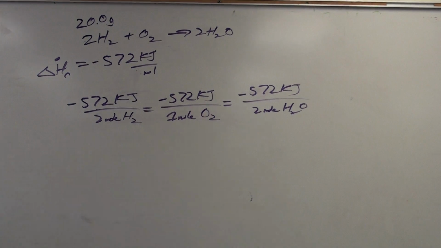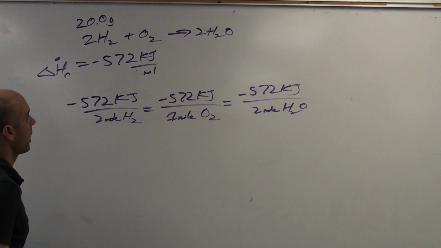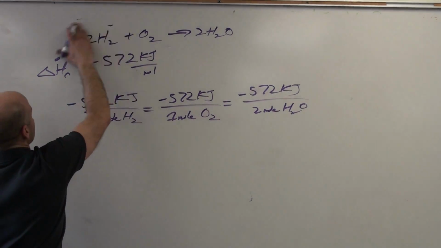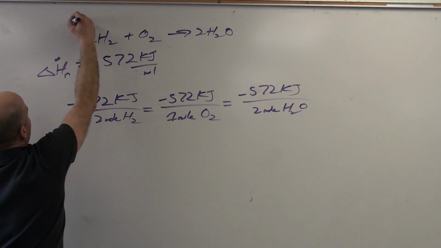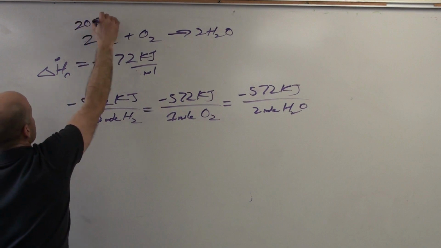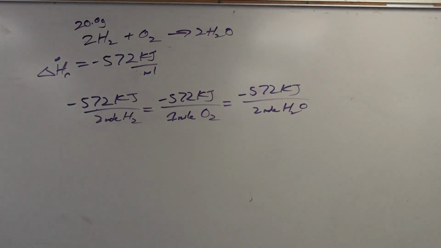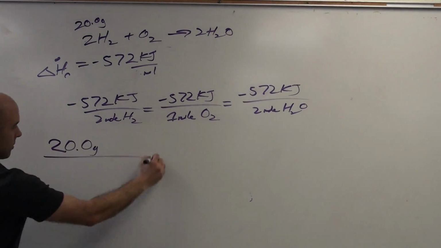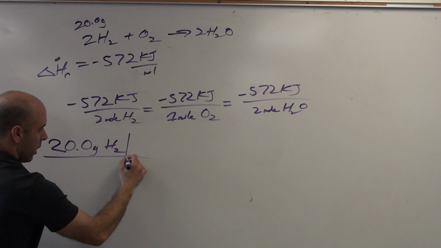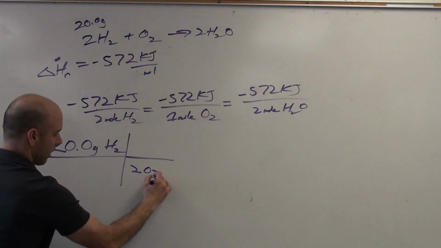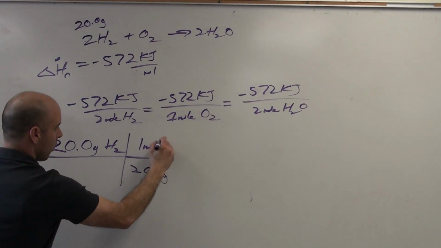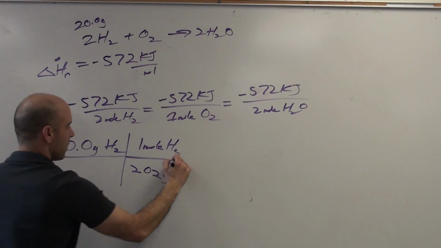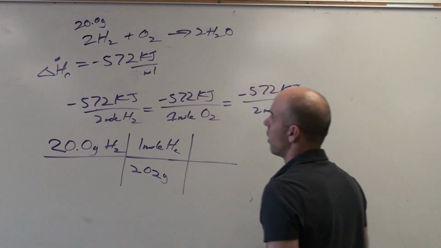But let's just stick with grams. So 20 grams of hydrogen, you would go, okay, I've got 20 grams of hydrogen. Hydrogen weighs 2.02 grams per mole, convert it to moles, and then this is where people mess up.